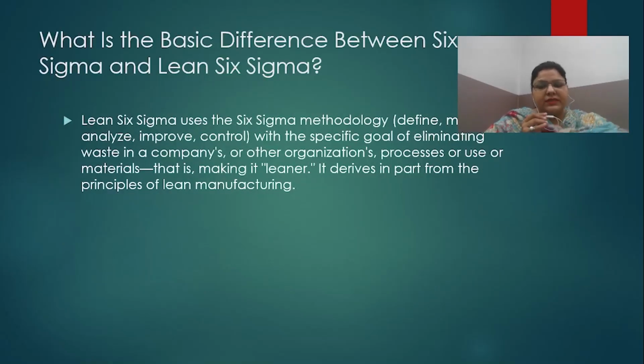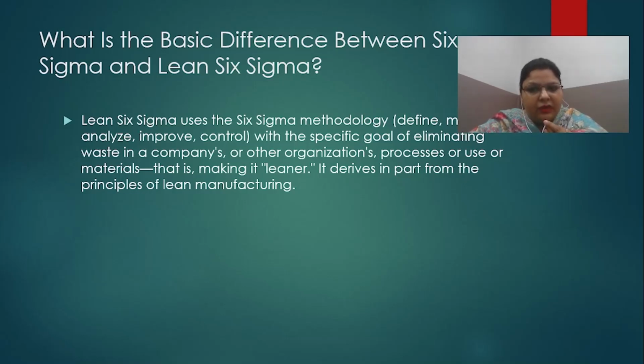Now, what is the basic difference between Six Sigma and Lean Sigma? Lean Sigma uses the Six Sigma methodology with a specific goal. In Lean Sigma, they are using the DMAIC process. DMAIC means define, measure, analyze, improve and control, with a specific goal of eliminating waste in a company, in organizational processes, use of materials, making it leaner.